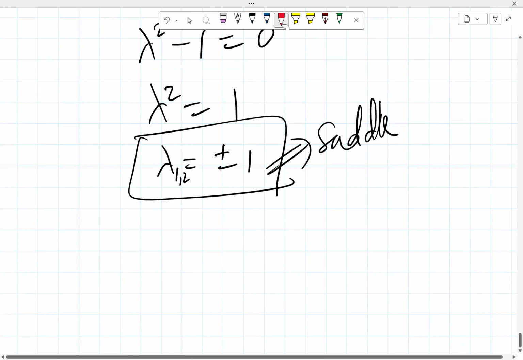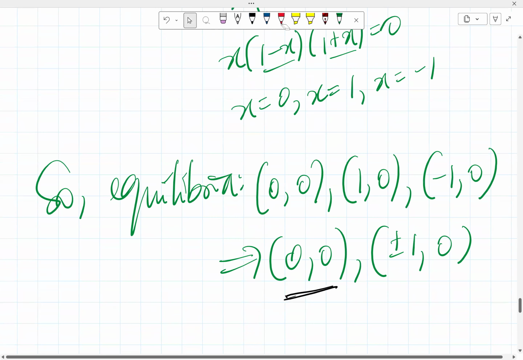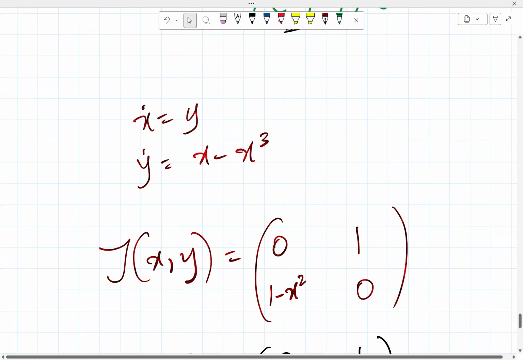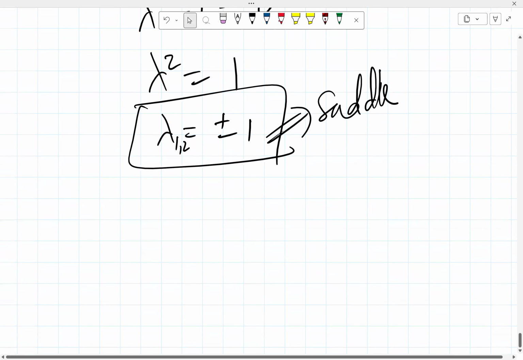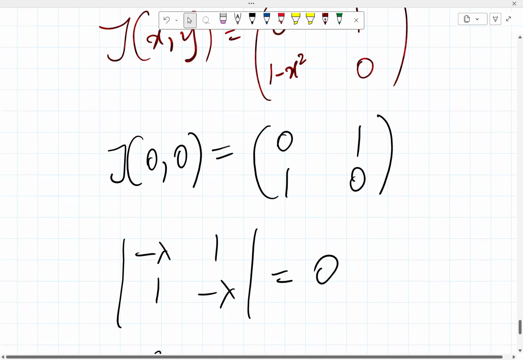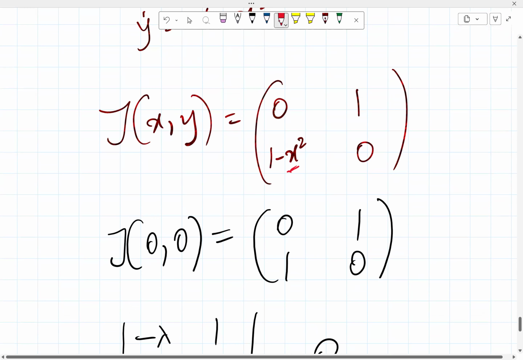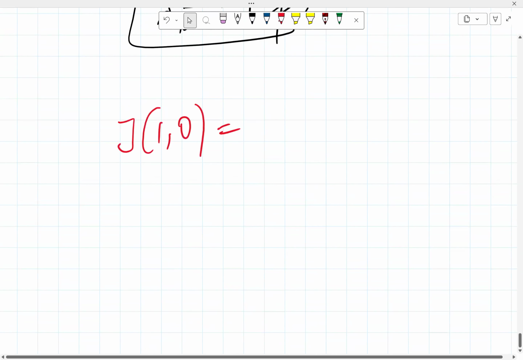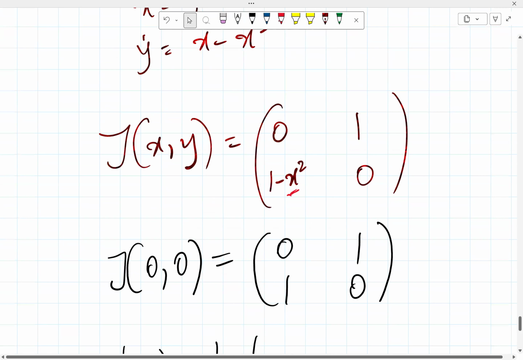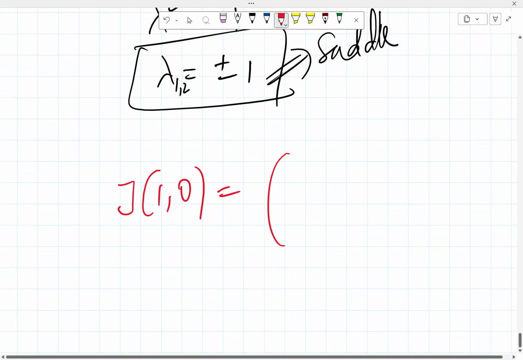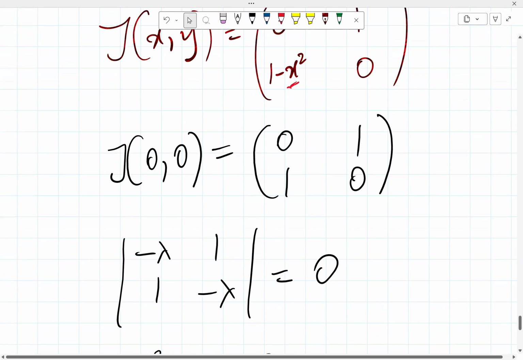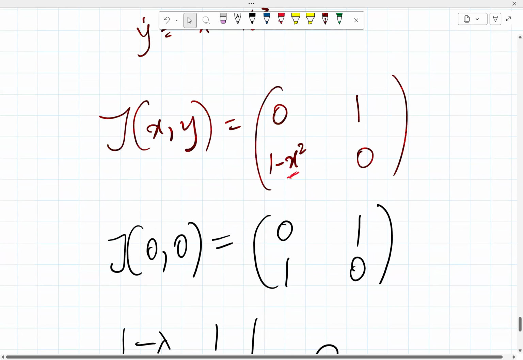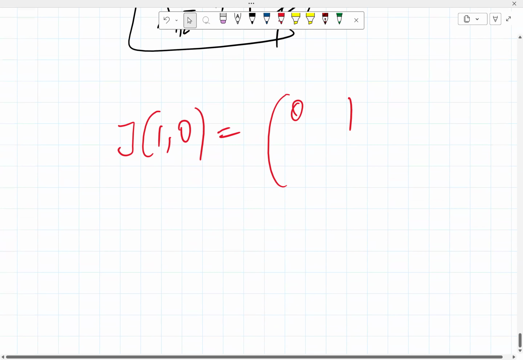Then let's do the other one, which is 1, 0. So again, we have J at 1, 0. Because we have x here, you have to follow what you have. Here x is 1, y is 0. So we have 0, 1, and for 1 minus x squared, x is equal to 1, so we have 1 minus 1 squared, which is also 0.